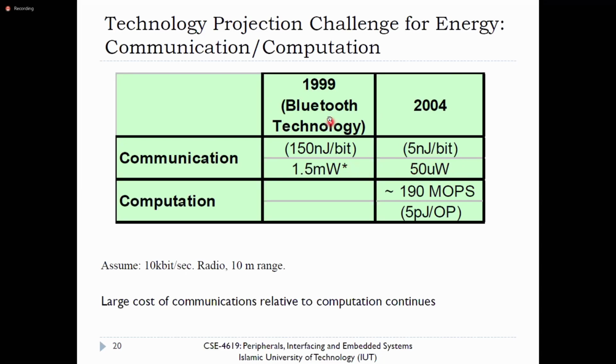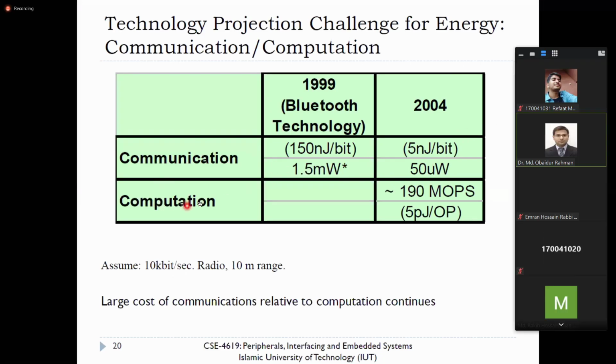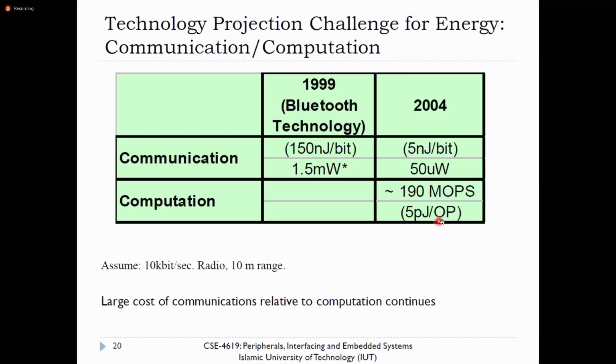So in that sense, an improvement was made from 1999 to 2004, and nowadays the technology is more advanced and more efficient, you can say. But for computation, around 190 million operations per second can be done in these sorts of embedded devices.